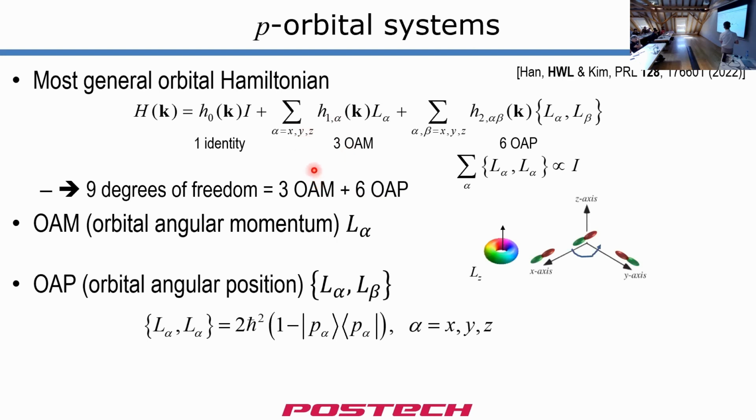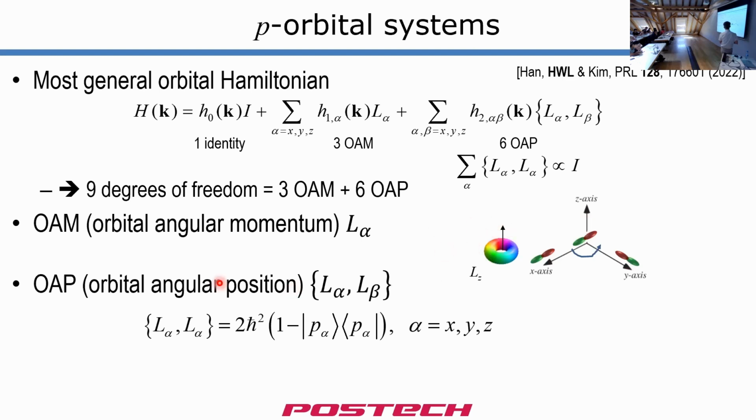Let me spend the rest of my time looking at this. By the way, how do orbital angular momentum and orbital angular position differ? Suppose I have some initial orbital like this. Then orbital angular momentum implies that the orbital direction changes with time and precesses, so there is an angular frequency.